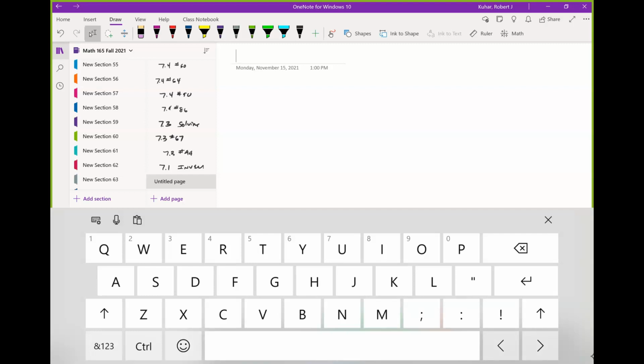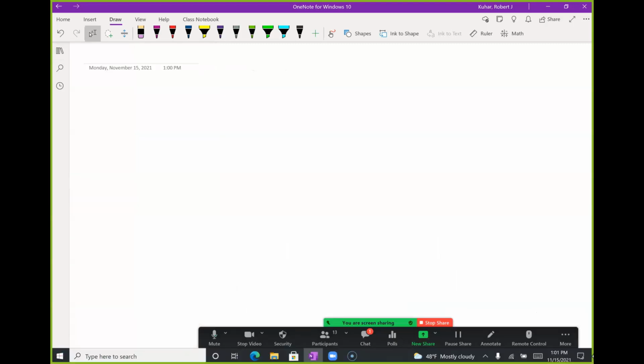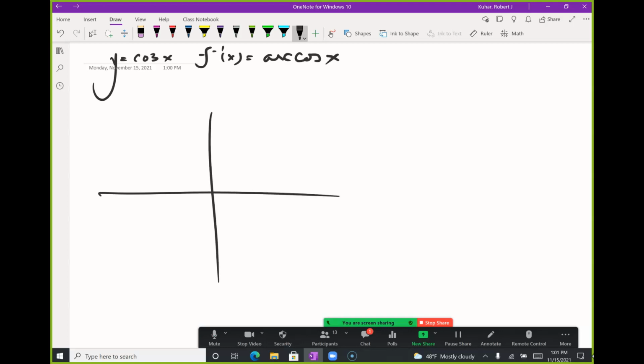Let's look at the cosine function. So y equals cos of x, and f inverse of x equals arc cos of x. When I'm looking at the cosine function, I get this nice little piece, which is 1-to-1 right away.